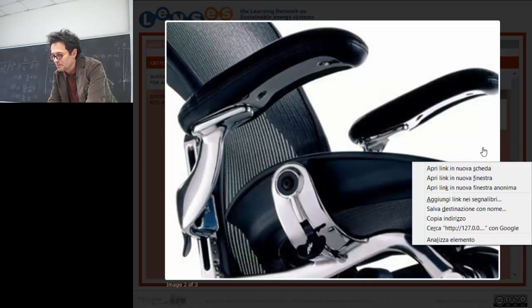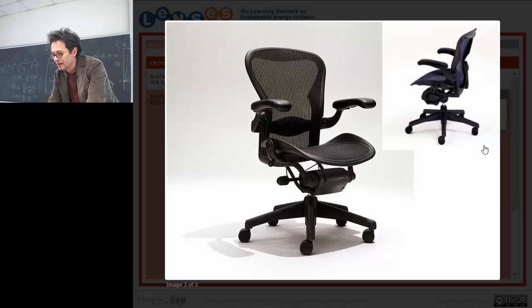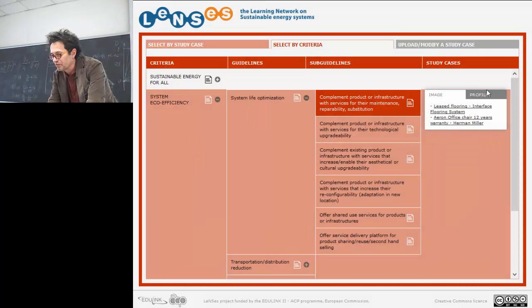And so here you can see there are some images, and you can close. Just for your information, you can just look at the images, or you can look at the profile. Why is my mouse working this way?